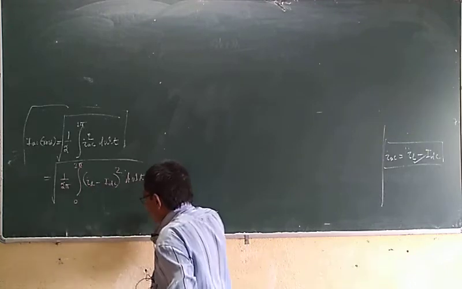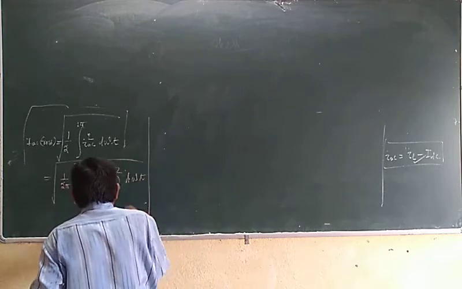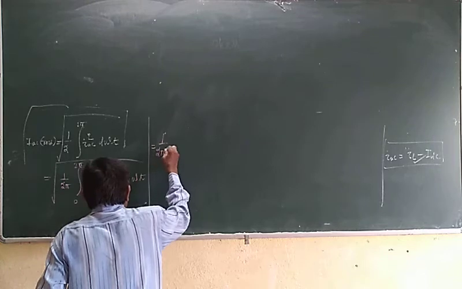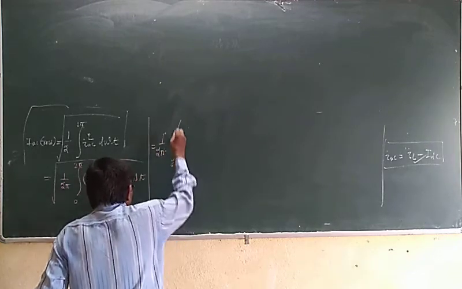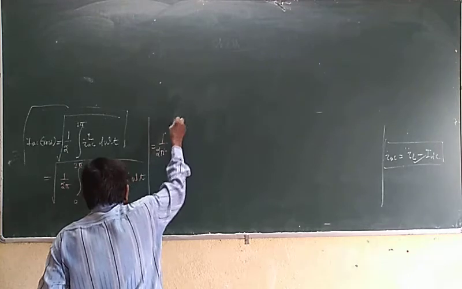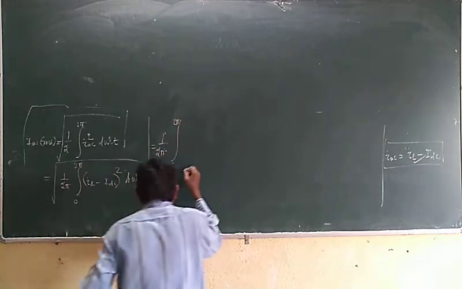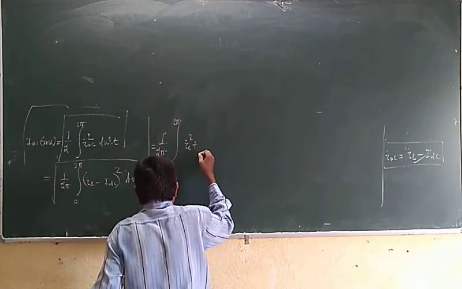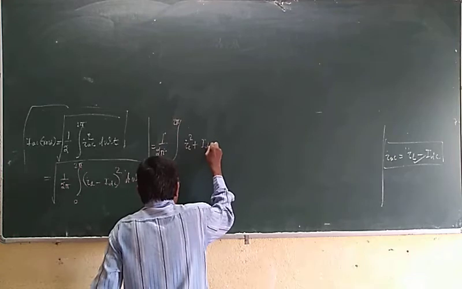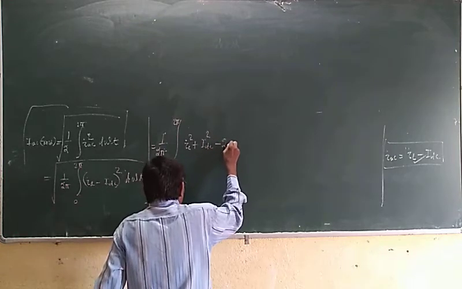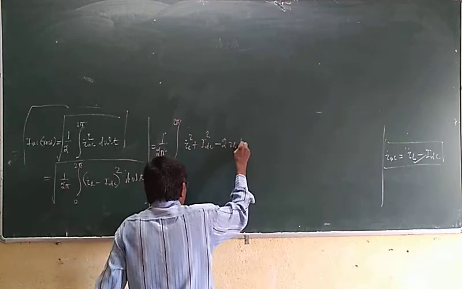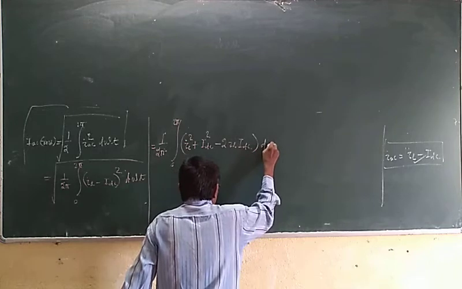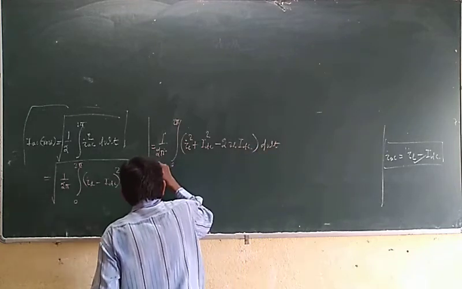So now we write 1 by 2 pi, integration 0 to 2 pi, of I_L squared plus I_DC squared minus 2 I_L I_DC d omega t under root.